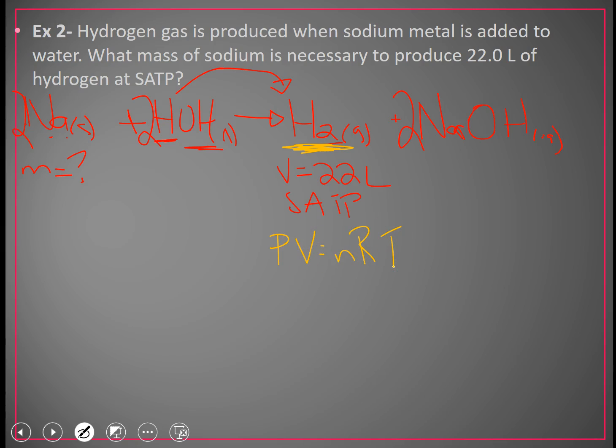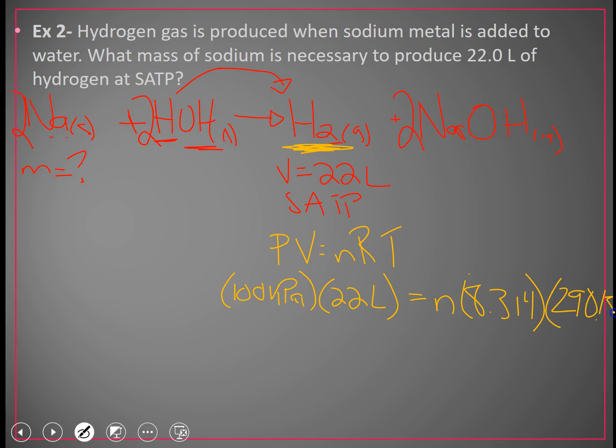The pressure based off of that SATP condition is 100 kilopascals. The volume they just told me that reacts is 22 liters, not moles. I'm trying to figure out moles. R is the constant of 8.314, and the temperature is 25 degrees Celsius, so it's 298.15 Kelvin.